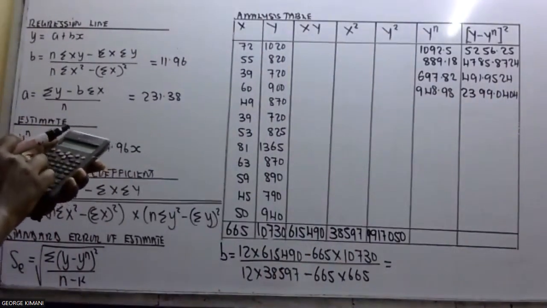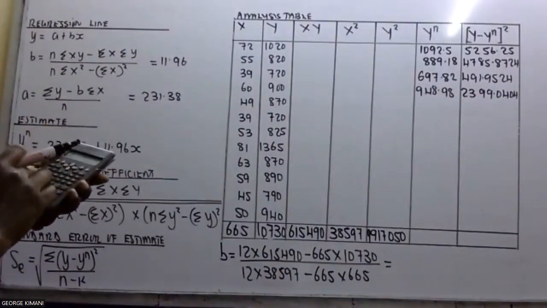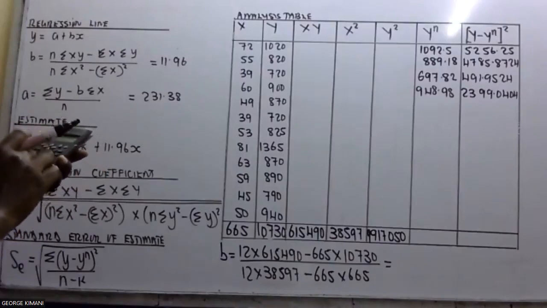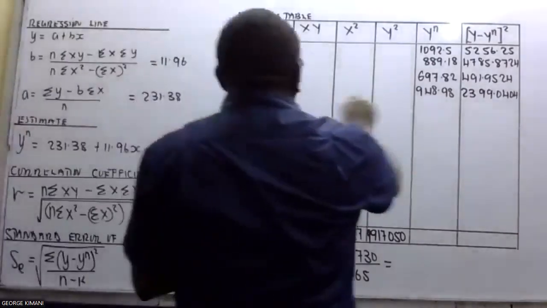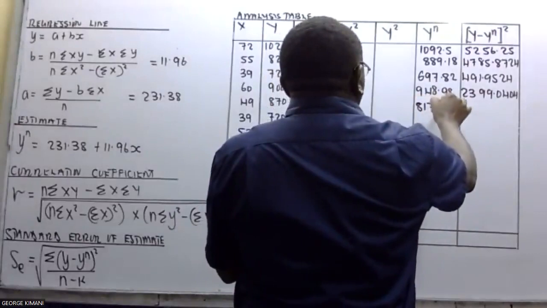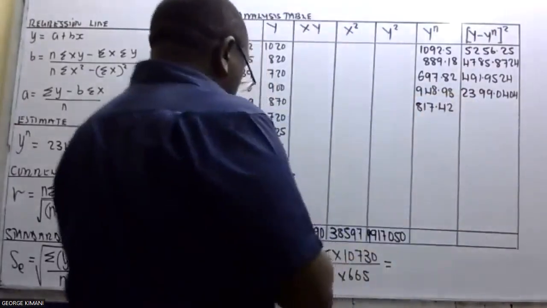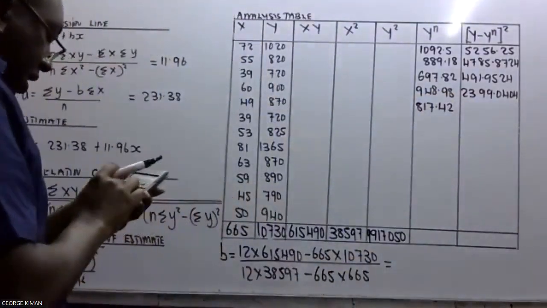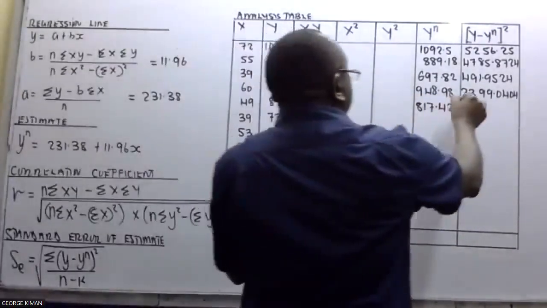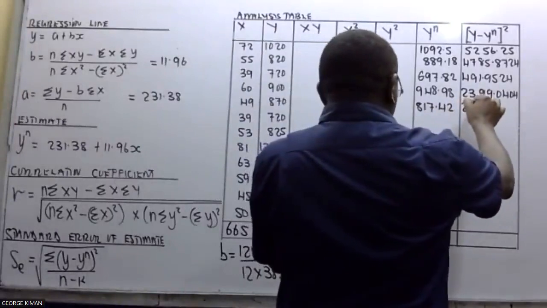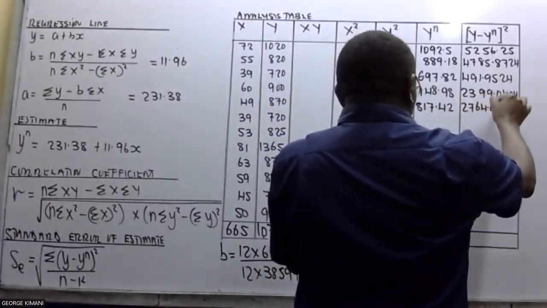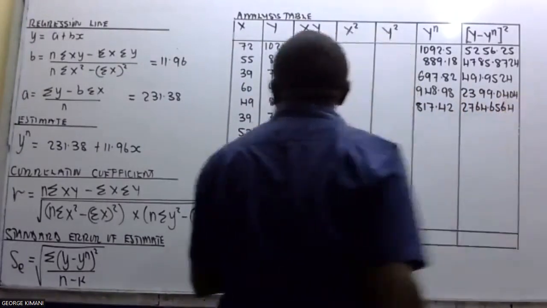231.38 plus 11.96 times 49 is 817.42. So 870 minus the answer, you square, is 2764.6564.